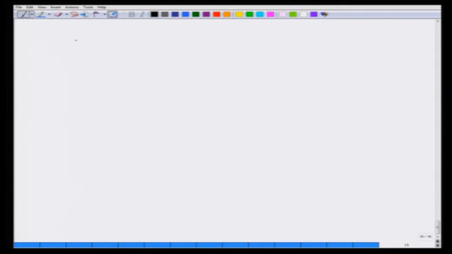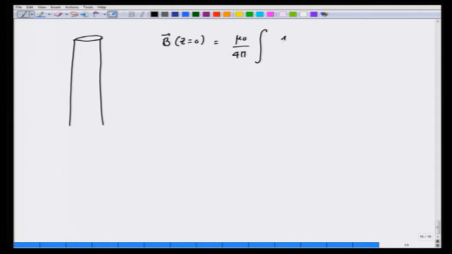So, let us see, we are looking at this solenoid and we are trying to find B at z equal to 0 at some r, which is equal to mu 0 over 4 pi integral j of r prime cross r minus r prime over modulus r minus r prime cubed dV prime.